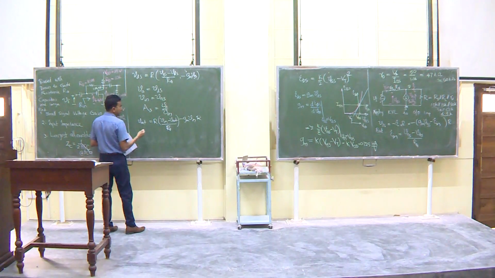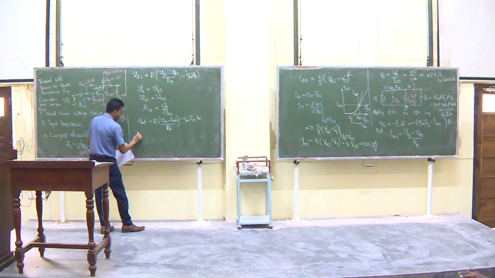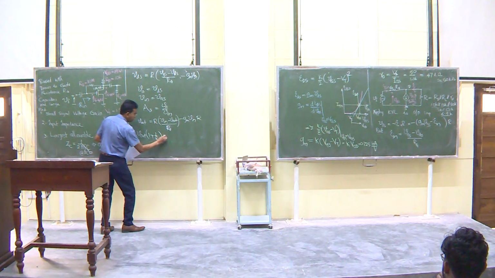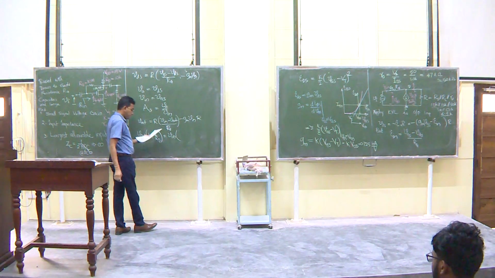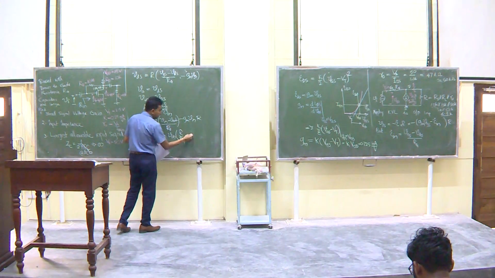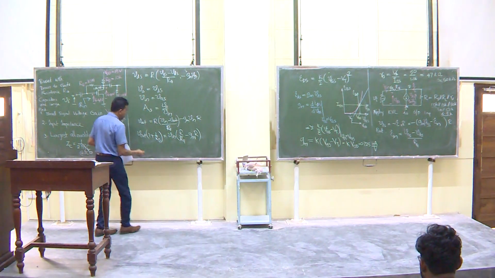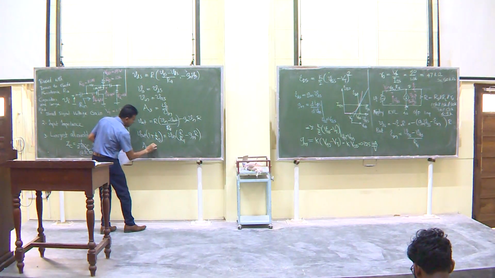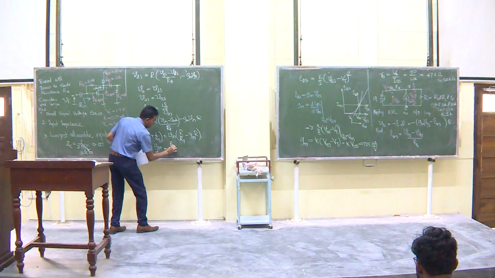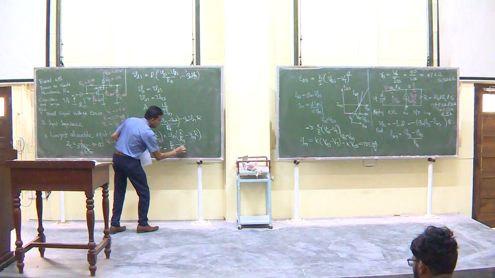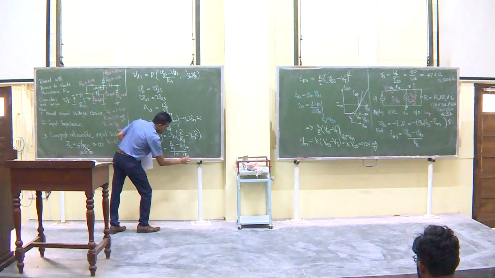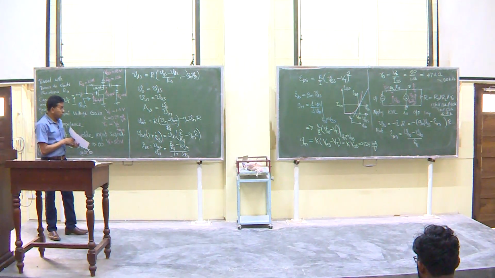So if I take this side, rearrange the terms, I will have V out times 1 plus this term 1 over RG is equal to V in times R over RG, this term, minus GM times R. So therefore, I can get an expression for AV, V out over V in, which is equal to R over RG minus R GM divided by 1 plus R over RG. That is my AV.